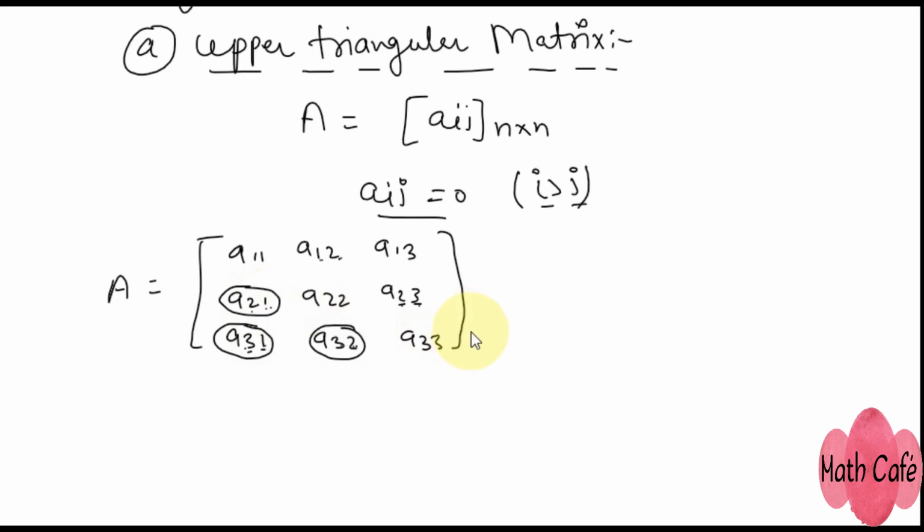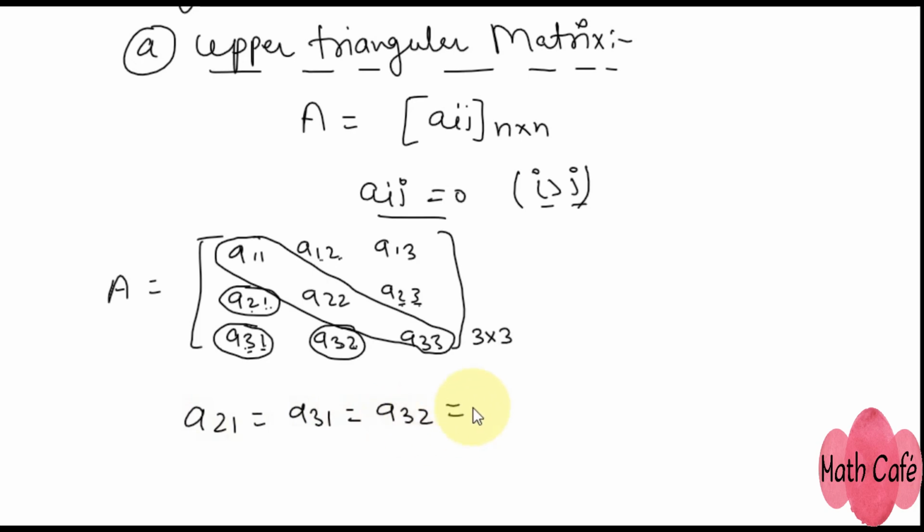So if a matrix of order 3 cross 3 is an upper triangular matrix, then A21, A31 and A32 should be 0. I can say that all the elements lying below the diagonal should be 0. So if this matrix A is an upper triangular matrix, then all the elements A21, A31, A32 should be 0.